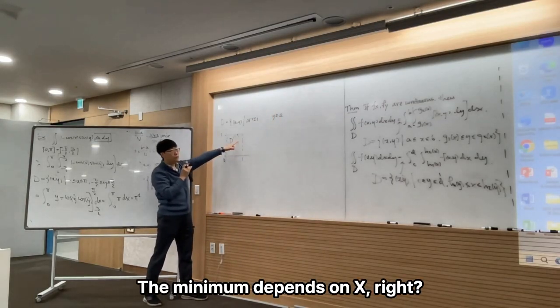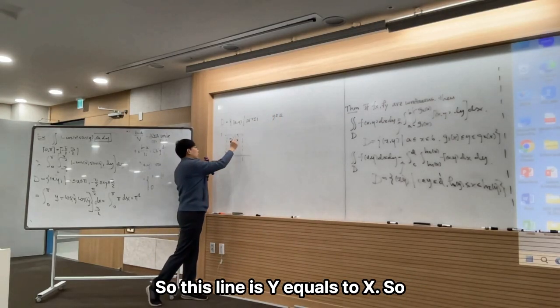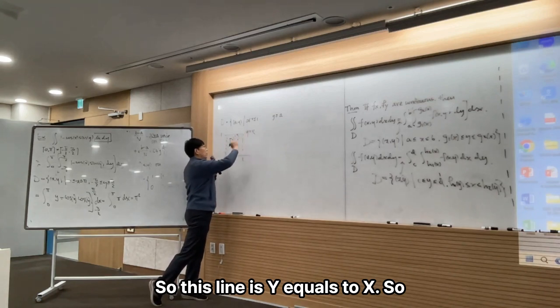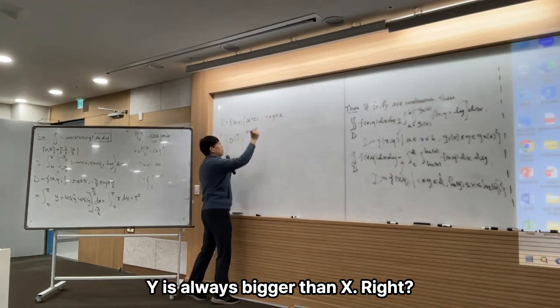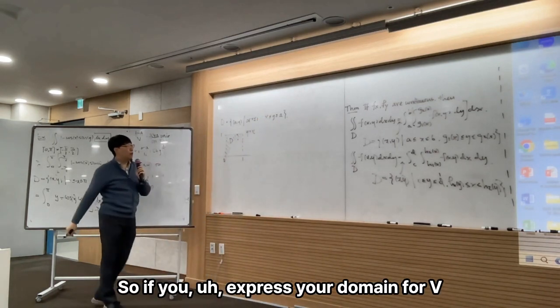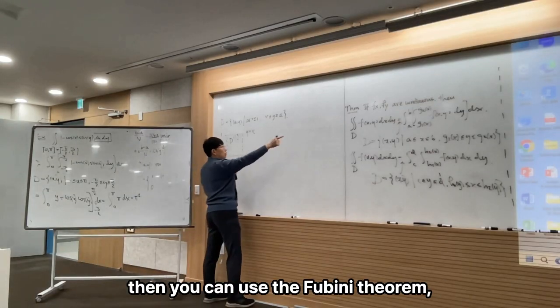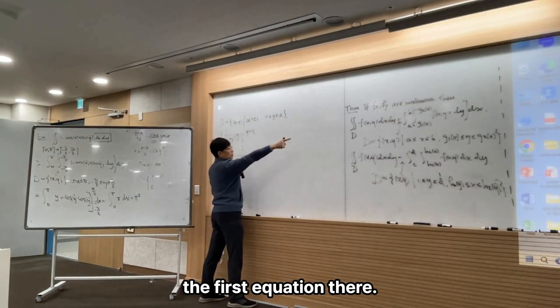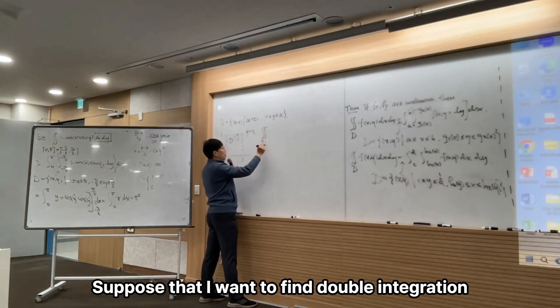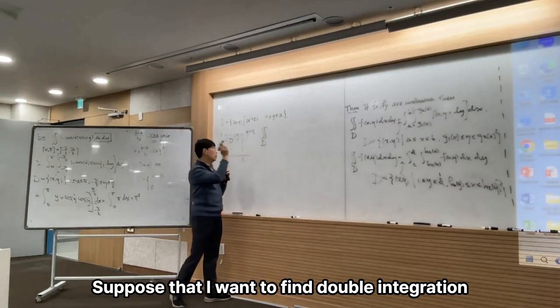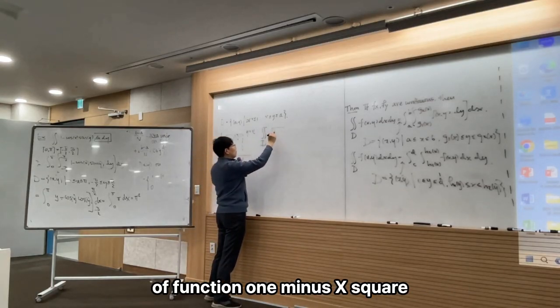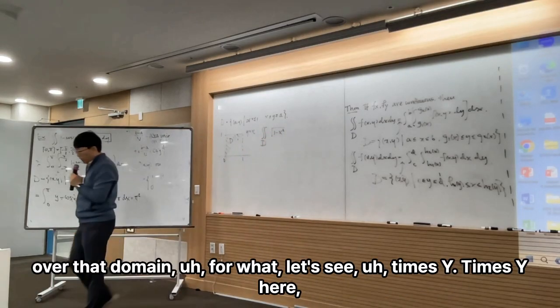The minimum depends on x, right? This line is y equals x, so y is always bigger than x. So if you express your domain D this way, then you can use the Fubini theorem, the first equation there. Suppose that I want to find the double integral of the function 1 minus x squared over that domain.